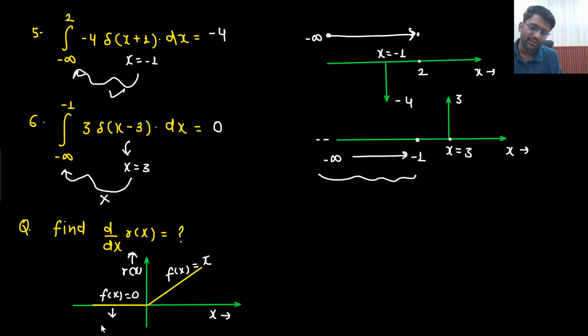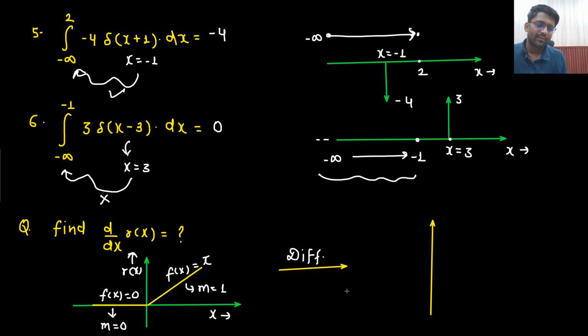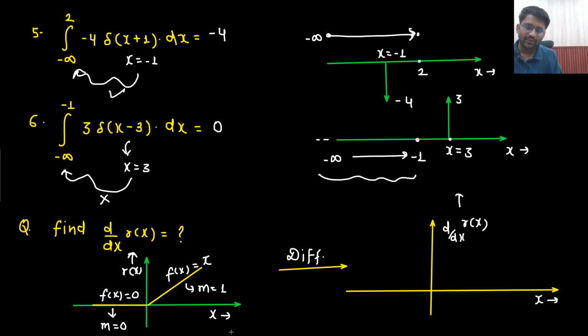So what is the slope here? The slope is 0. And what is the slope here? The slope is 1. So you need to differentiate. When you differentiate, first of all, is there any sudden jump? Absolutely not. There is no sudden jump. So if you differentiate d by dx of Rx, for x less than 0, the value is 0 only.